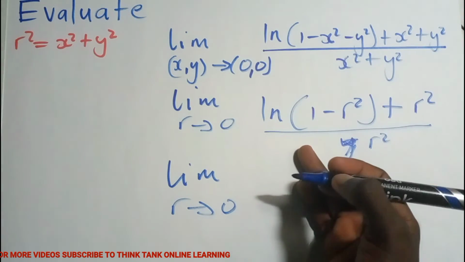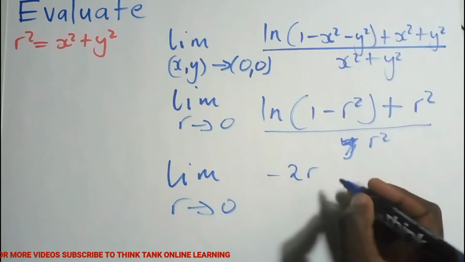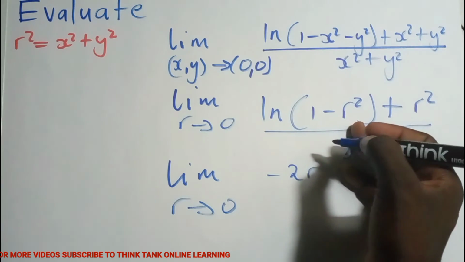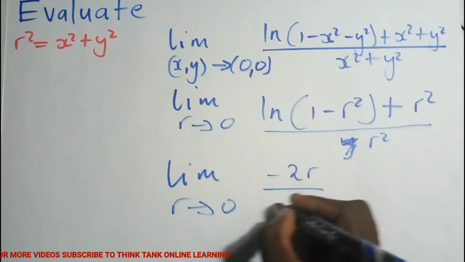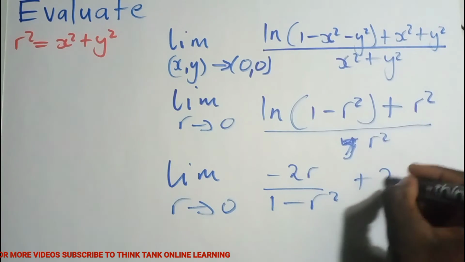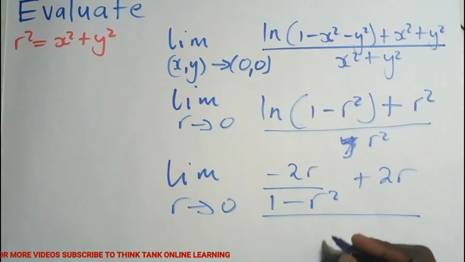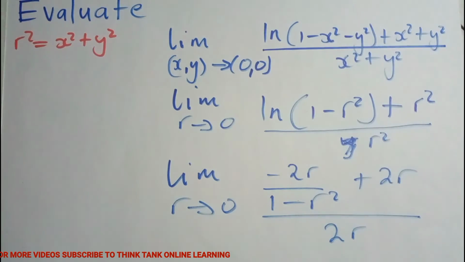On top we have negative 2r, the derivative of negative r squared, over 1 minus r squared, plus 2r. Then on the denominator I get 2r.